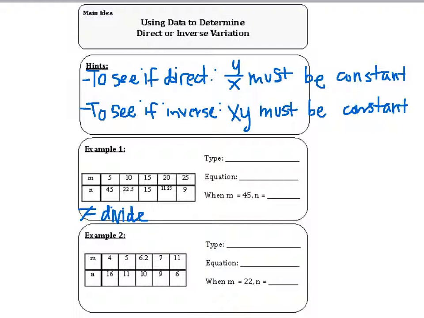What about if I multiply this? Okay, 45 times 5, well, that's 225. And if I do 22.5 times 10, that's 225.